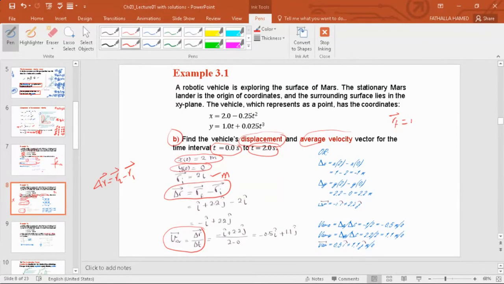Okay, so I have 1 i hat here. For the y, I have 1 times 2, which is 2, and I have here 2 cubed, and 2 cubed will give me 8, and 8 times 0.025 will give me 0.2. So here it will give me 2.2. So I'll have here plus 2.2 j hat.